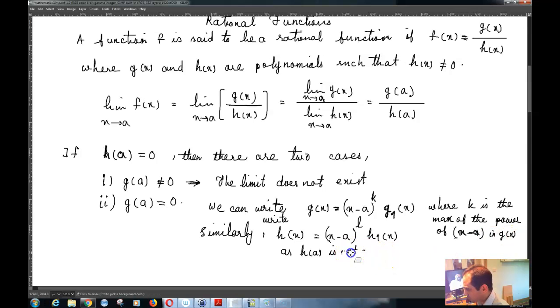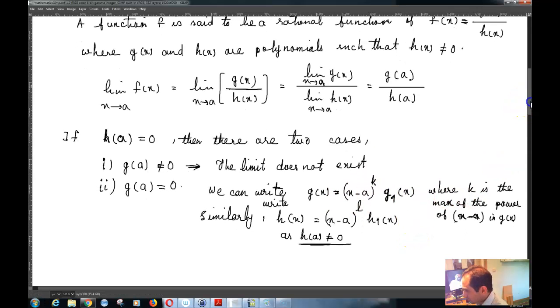Let me write it this way. That is also not easy to understand, and there is no way to explain it this way, but we will see what that means in the examples.